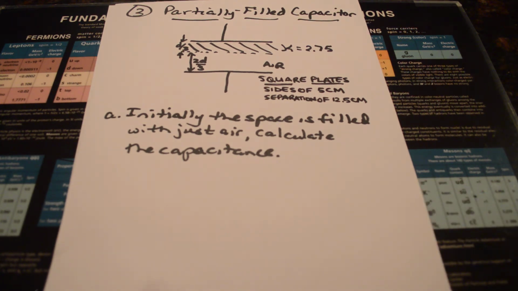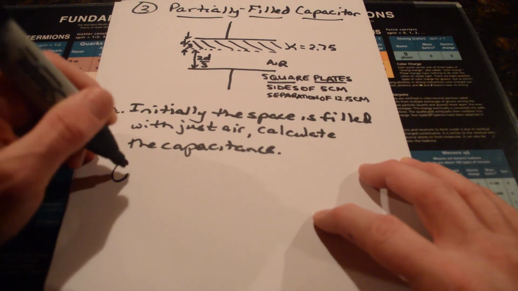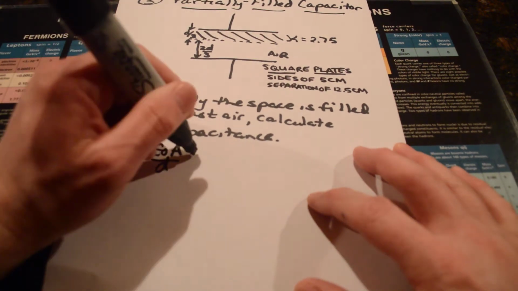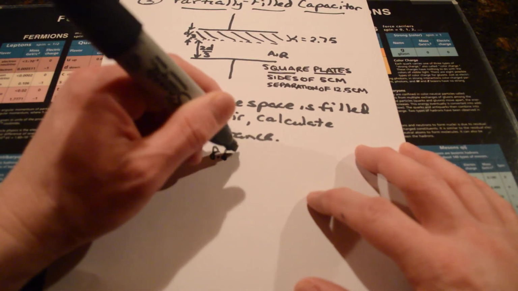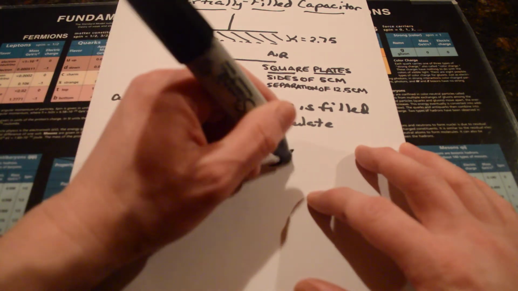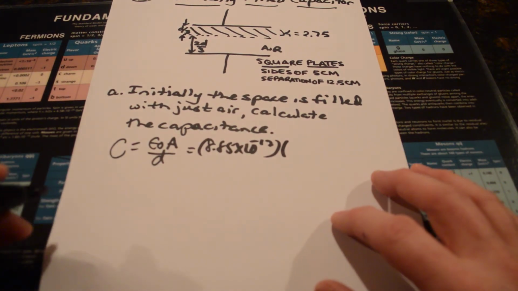The first thing they want you to do is calculate the capacitance. So we can do exactly what we did at the beginning of this video. Put in our numbers, 8.85 times 10 to the negative 12th. For the sake of time, I'm going to leave out the units.